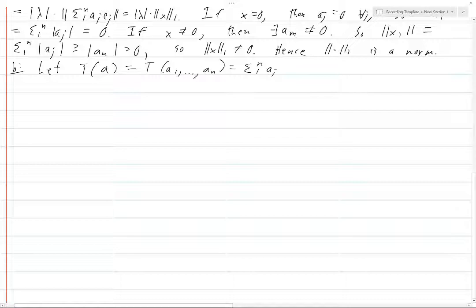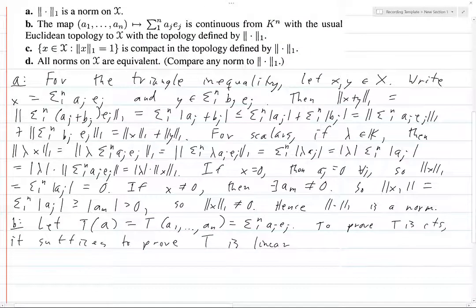To prove T is continuous, it suffices to prove T is linear and bounded. Was linear one of the things we wanted to prove?